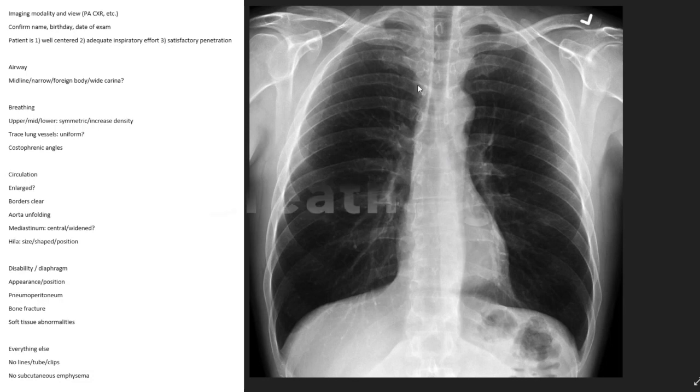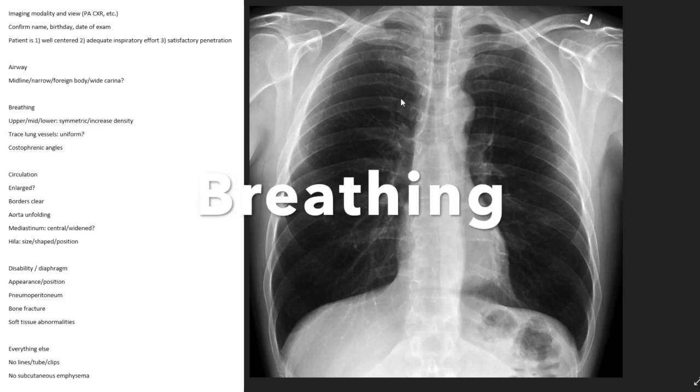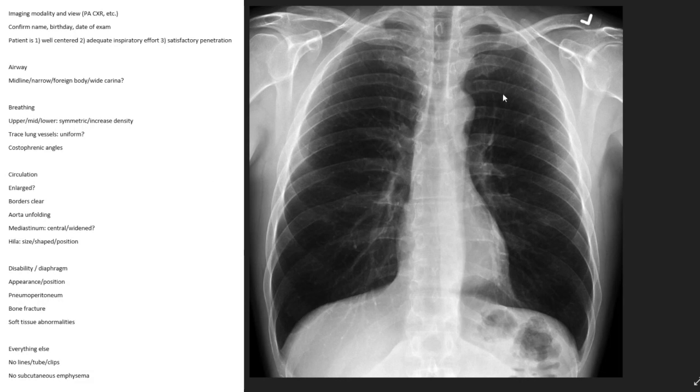Next would be breathing. You want to compare the upper segments to each other, the middle segments to each other, and the lower segments to each other. You're looking for any asymmetries or areas of increased density, which could be a consolidation or a mass. Here, these all look equal. The lung markings extend to the outer borders, even up here.